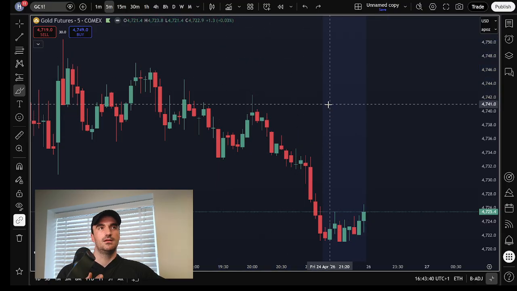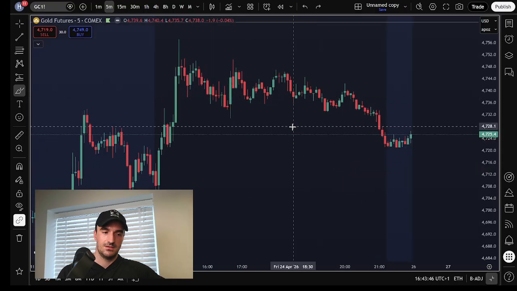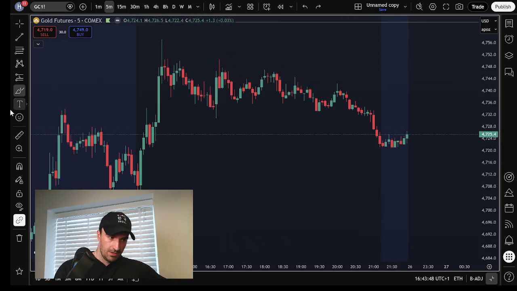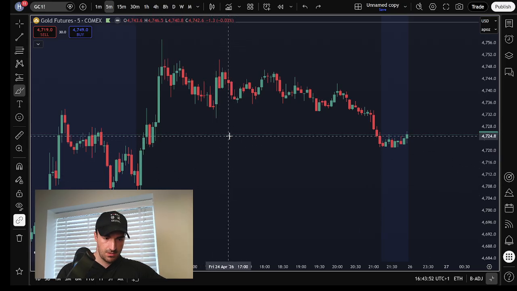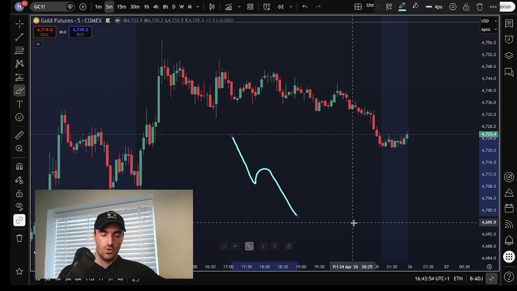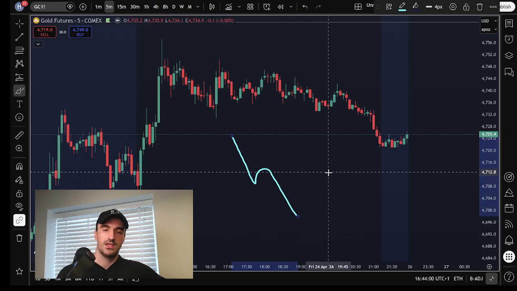What does it mean? A lower low and lower high on a 15-minute, probably on a 5-minute chart. For a lower high to form, we need 3 candles on the 15 minutes.